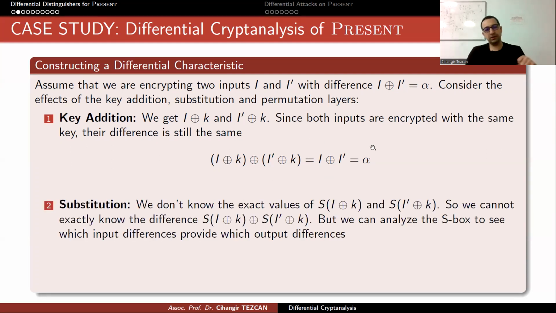Let's move on to the substitution layer. Now let's assume that I is just a 4-bit S-box input, right? Or you can generalize it to all of these S-boxes, but let's focus on a single S-box.